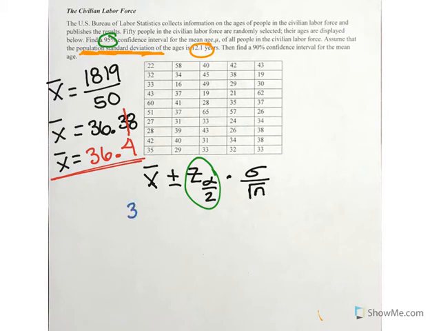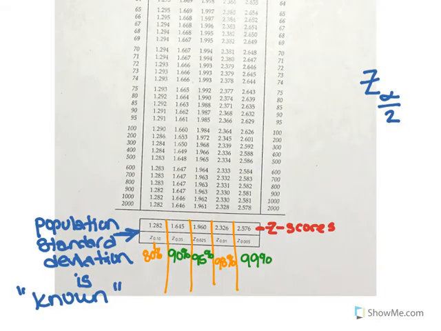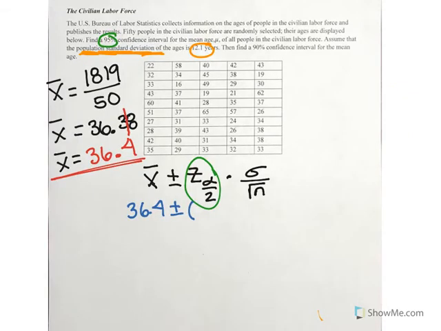We have 36.4 plus or minus, and I'm going to go to my little box, and 90%, that z-score is 1.645. Times 12.1 divided by the square root of 50.